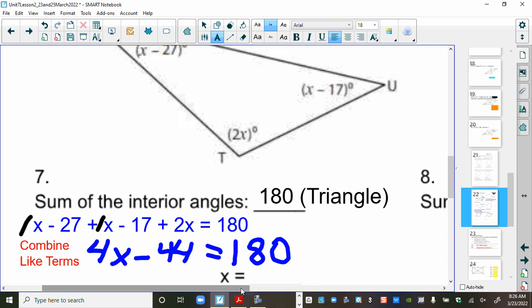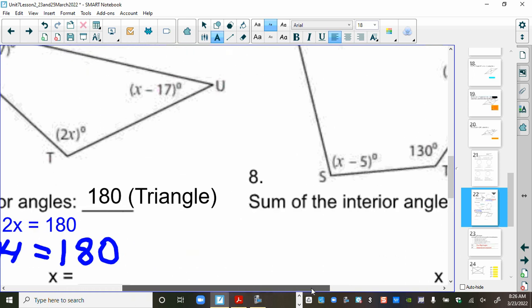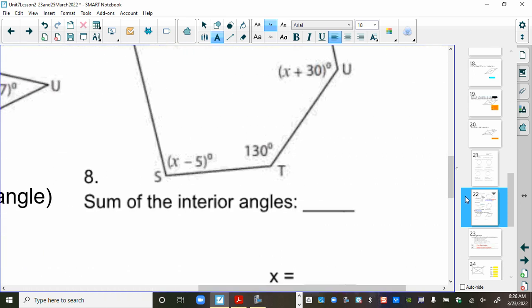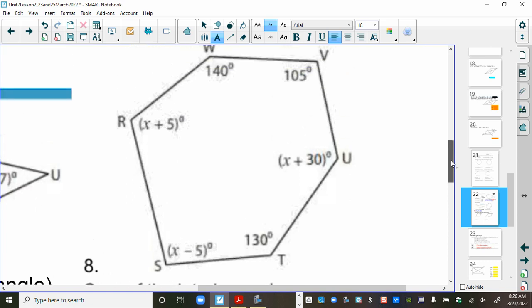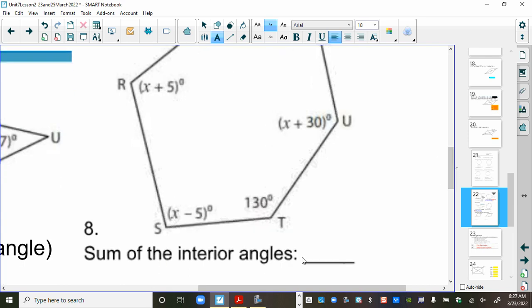Okay, then the last one before we start new stuff. This one here. Number 8. Well, how many sides do we see? 6 sides. So we need to figure out the sum of the interior angles. Again, just like before.